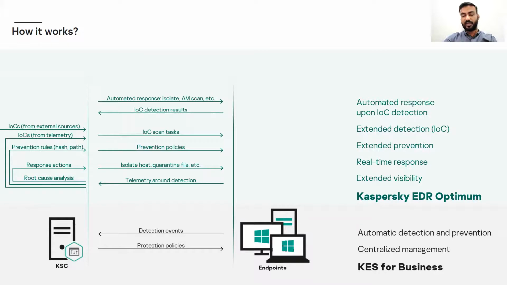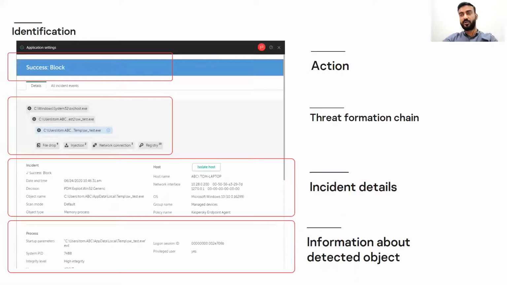So whenever a particular external IOC is matched, the EDR Optimum system can show you the results about the matched IOC. So this is how it will look in the Security Center.